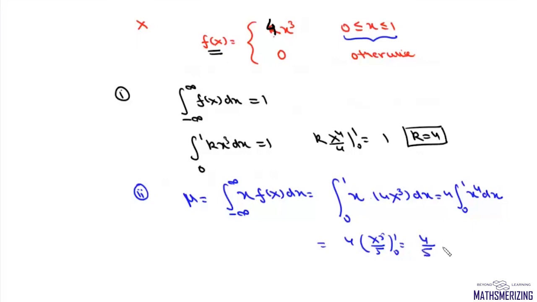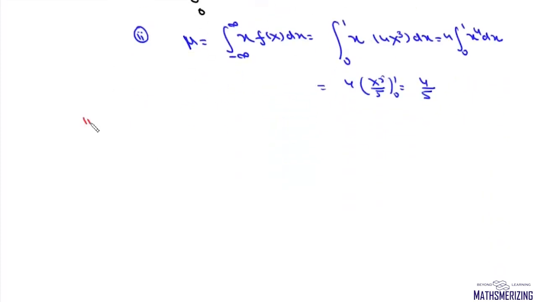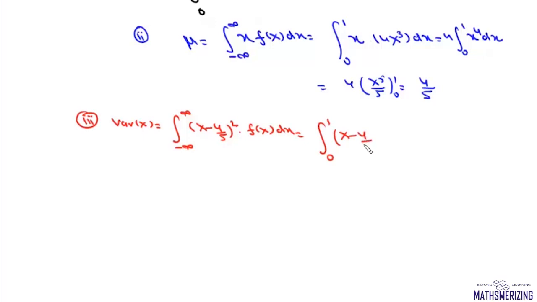Now we'll calculate its variance. Its variance will be the integral from minus infinity to plus infinity of (x minus mu) squared times fx dx, and mu in this case is 4 by 5. So again this integral will be from 0 to 1 of (x minus 4 by 5) whole squared, and fx is 4x cubed dx.